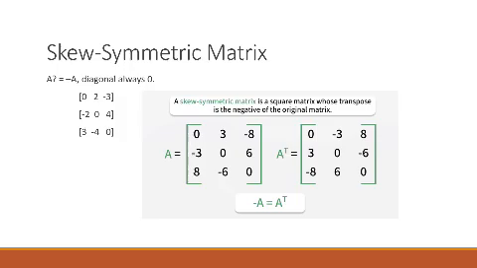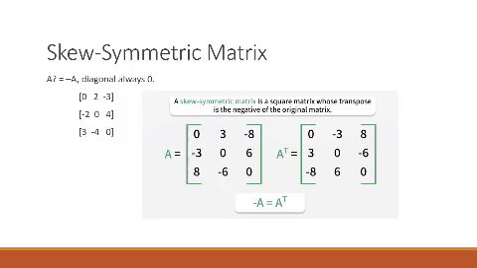All diagonal elements must be 0 because a_ii equals minus a_ii, which tends to a_ii equal to 0. Here A12 is equal to minus A21 and A13 is equal to minus A31. All diagonal elements are 0.